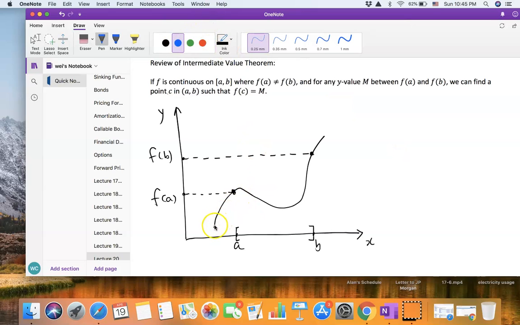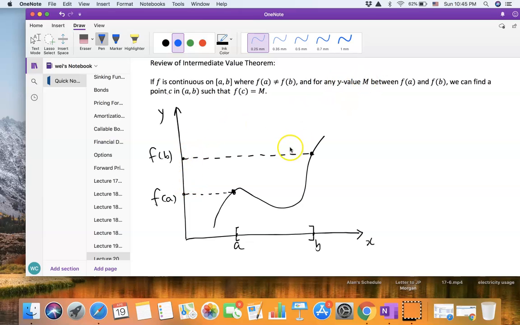Okay, now we have this function f(x) that is continuous on this closed interval from a to b, and the function value at a is this, and the function value at b is this. They are not equal.